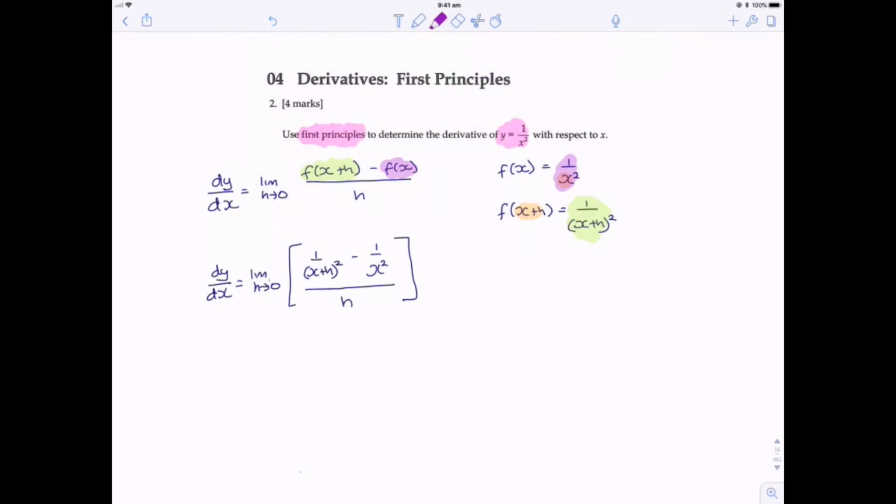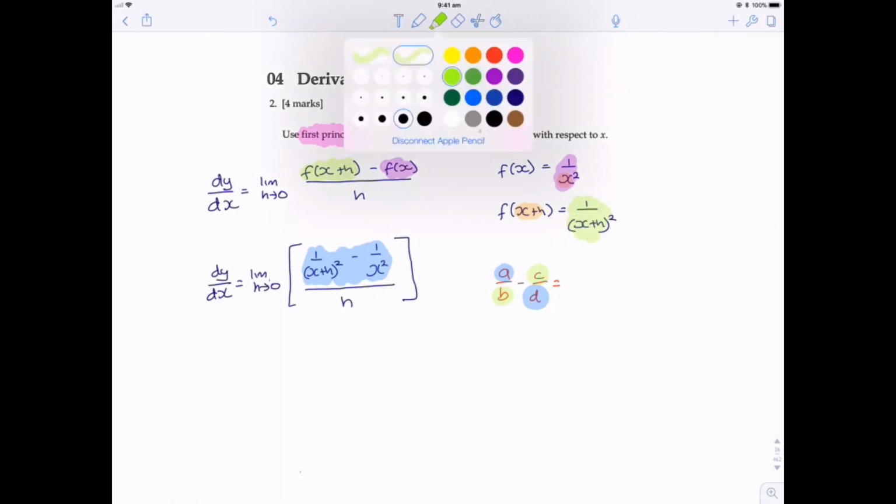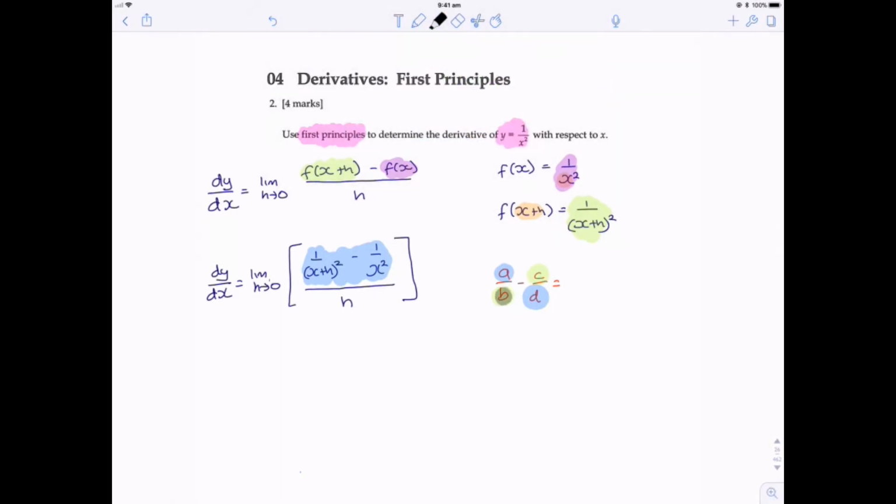Our next step is to work out this. We're going to subtract a fraction, and we're just going to use this rule. If we've got a fraction minus another fraction, in order to subtract fractions you need to have a common denominator. To do this easily, you could cross multiply, so you could do that times that, take away that times that, all over the denominator that times that.